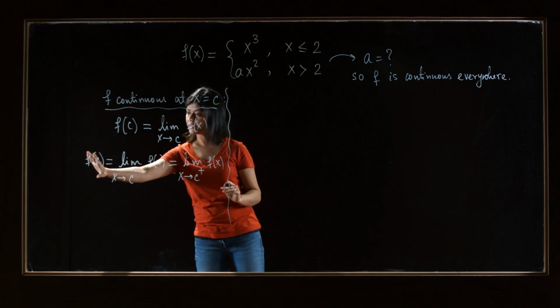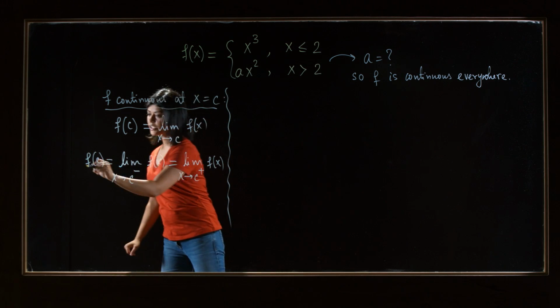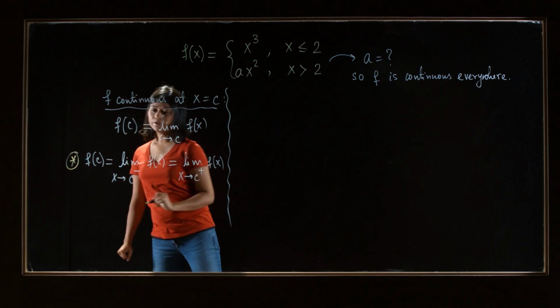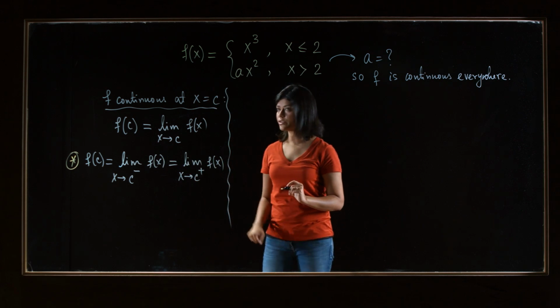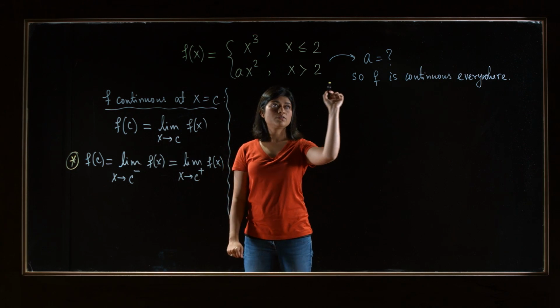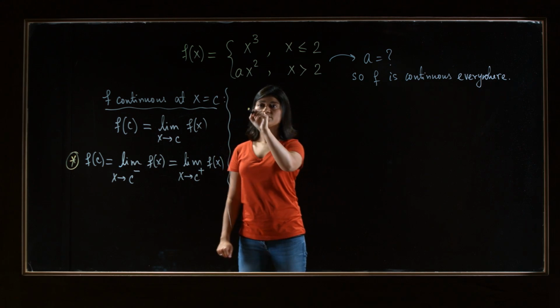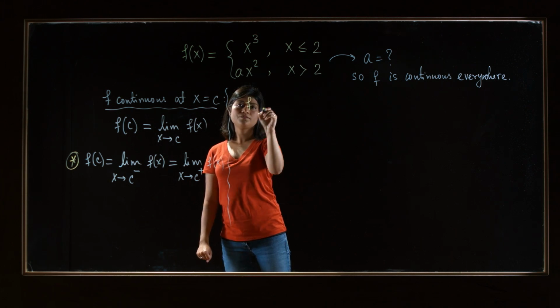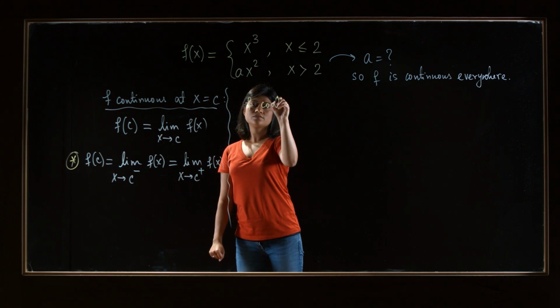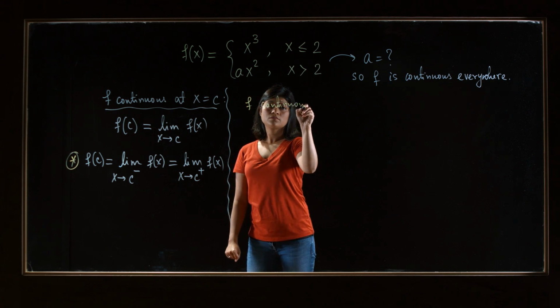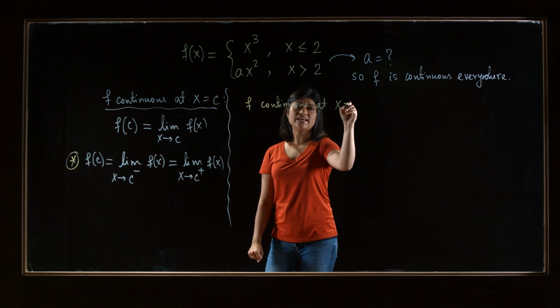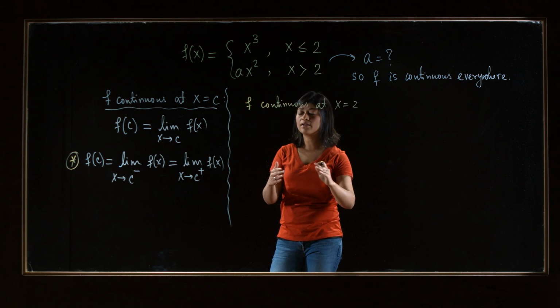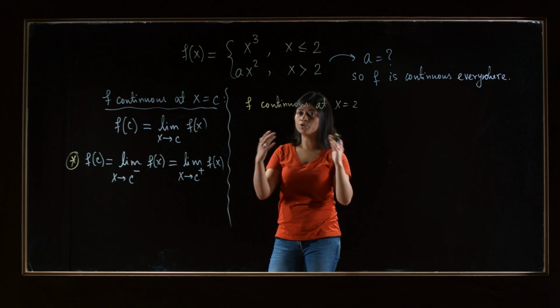So look here, let's take this particular chain of equations. In order for the function to be continuous, here is what we want. We want f continuous at 2, because that is the only point where the function may break, and we don't want that to happen.